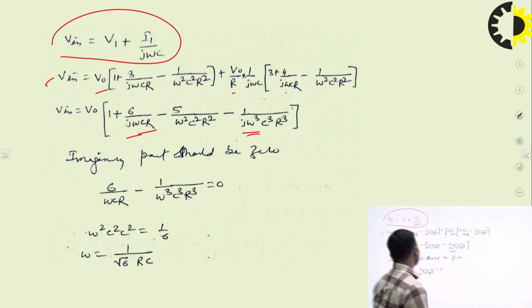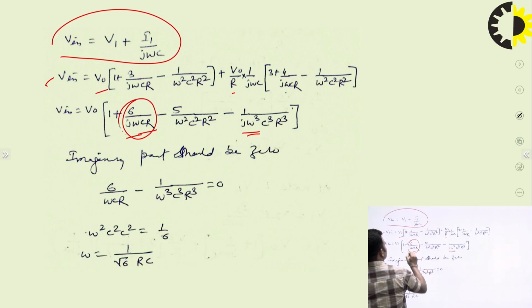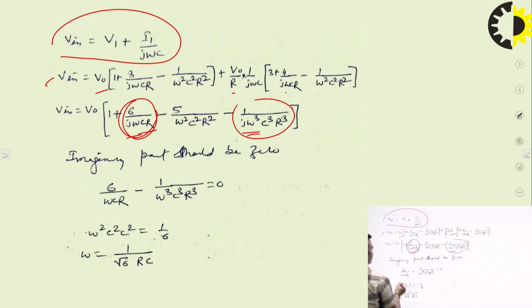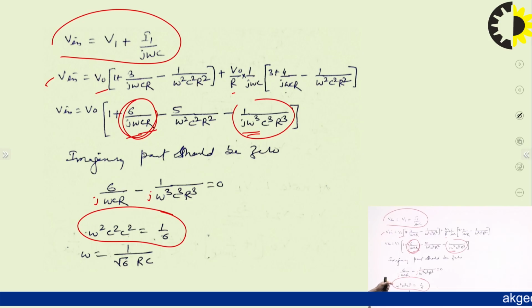So the imaginary term is j 6 upon j omega CR, and this. So you can write it like this, into j, the j will be cancelled out. So you can find out omega square C square R square is equal to 6. So omega will be equal to 1 upon under root 6 RC.